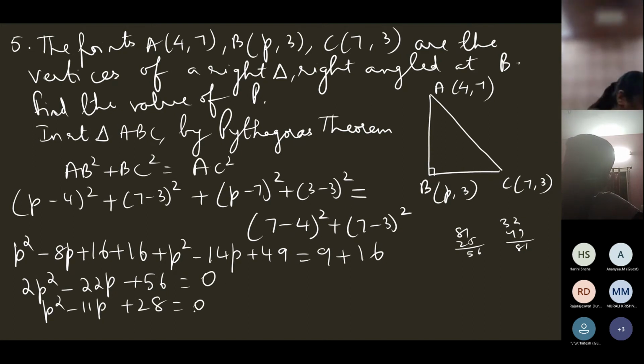Yeah. P square minus 11p plus 28 is equal to 0. Split the middle term and find the values of p.